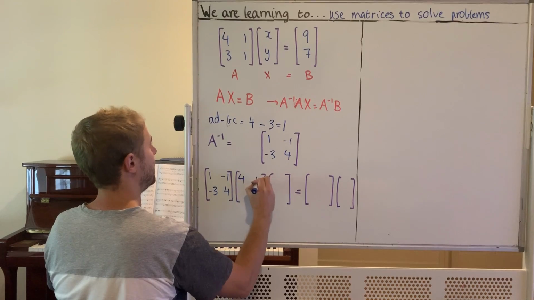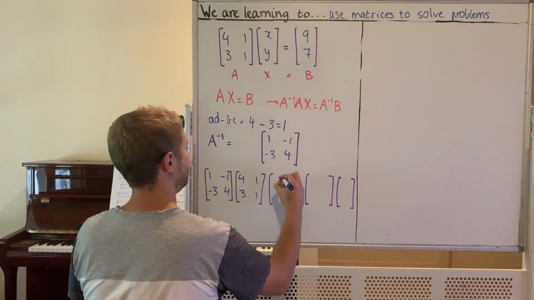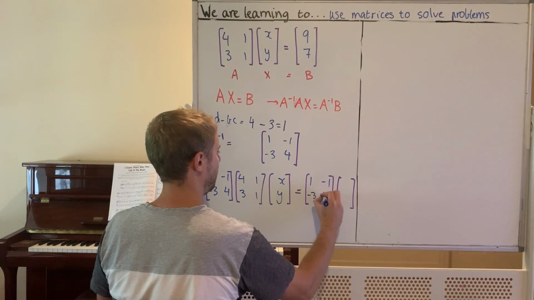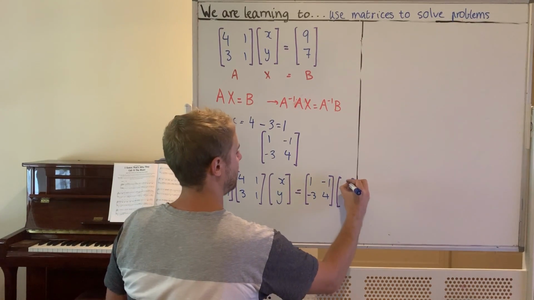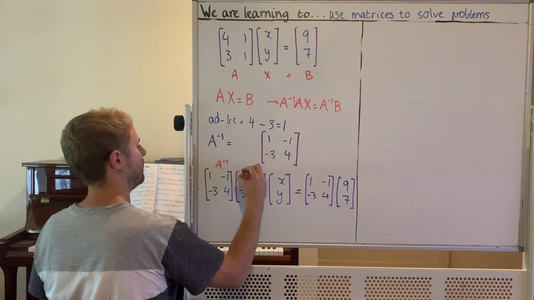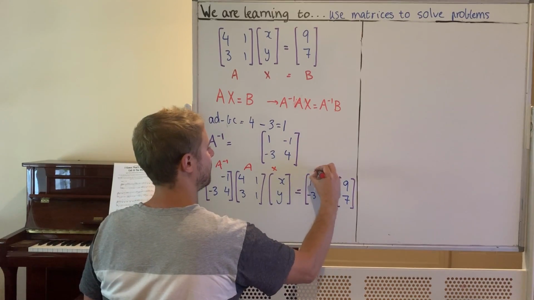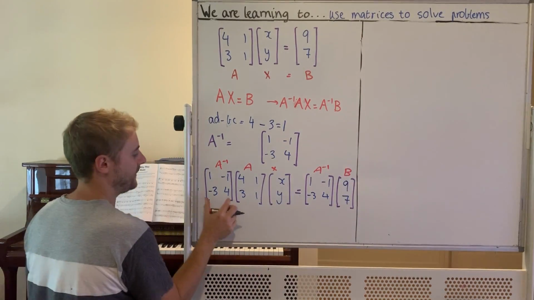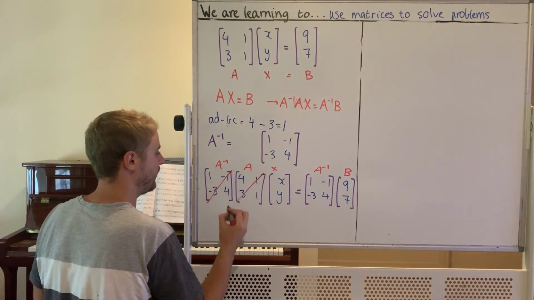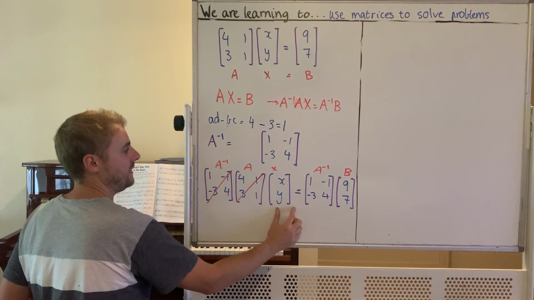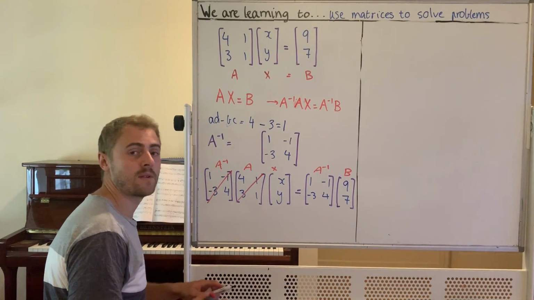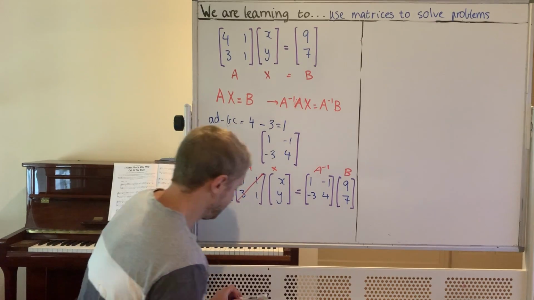A is 4, 1, 3, 1. Inverse of A multiplied by A equals your identity matrix. So we can get rid of those, which leaves us with X equaling A to the power of -1, or the inverse of A multiplied by B.